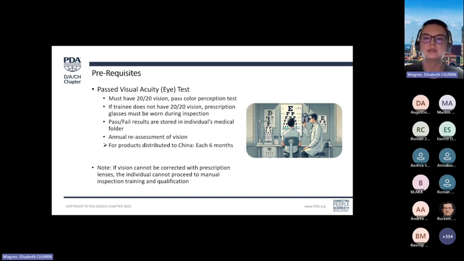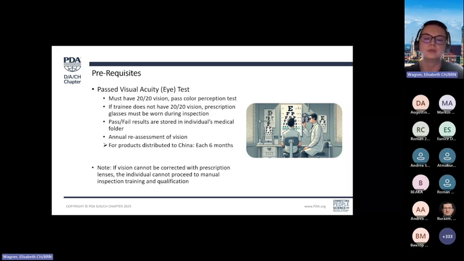The reason is that the operator should be able to distinguish between the colored product solution and particles, or different colors of particles. And if you're not able to do this, they're not suited for this job. So the results of this assessment are stored in the medical folder of each visual inspection operator, and there's an annual reassessment of vision acuity.